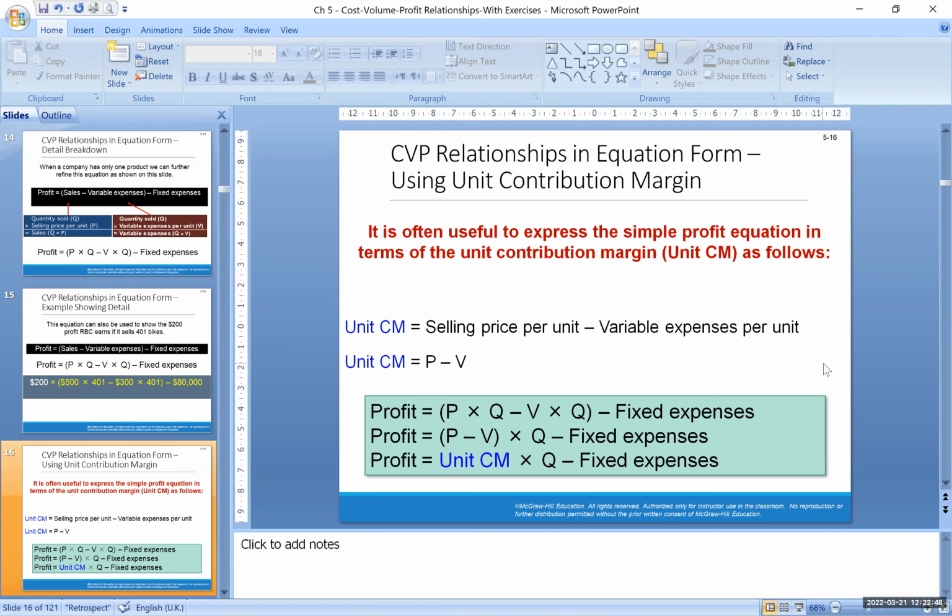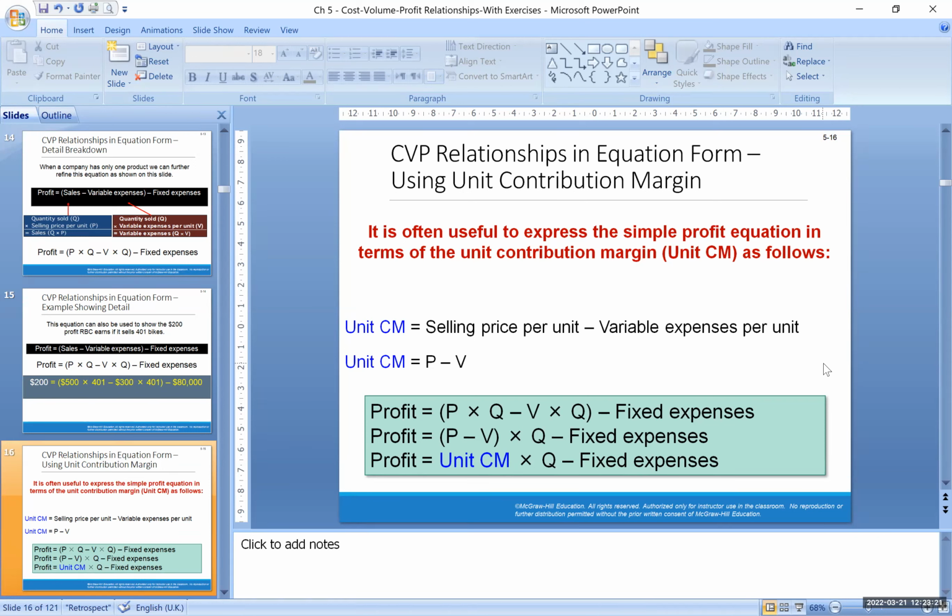From our previous equation, we said that profit is equal to PQ, or P times Q, minus VQ, all minus fixed expenses. But we have the Q as a common factor here. So Q multiplied by P minus V, all minus fixed expenses, still equals the profit.